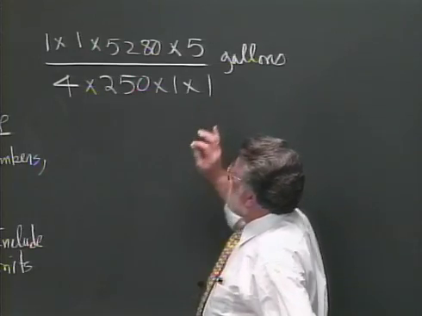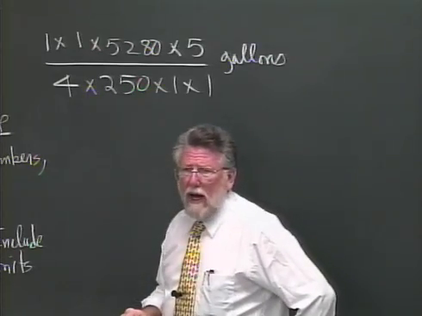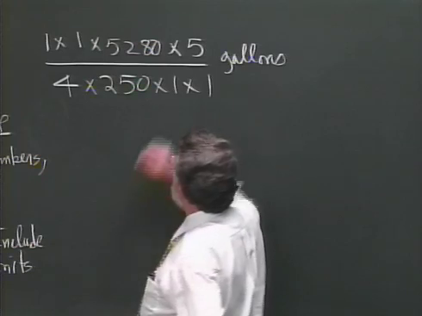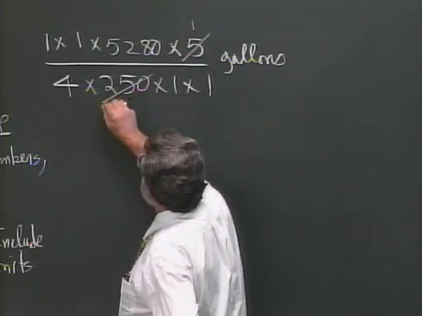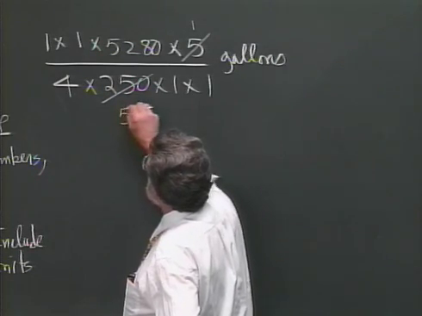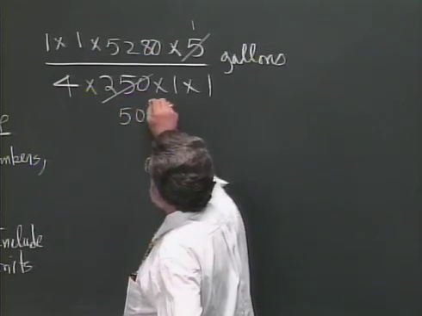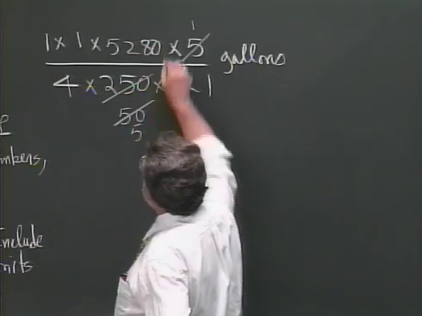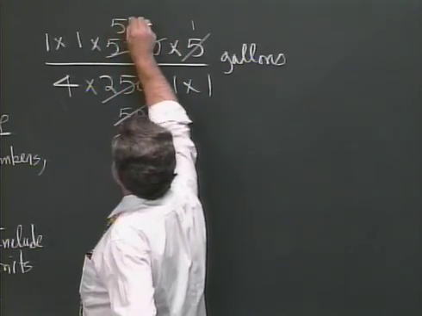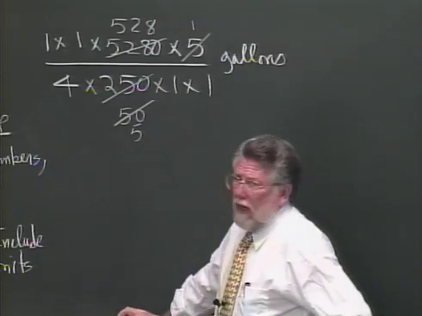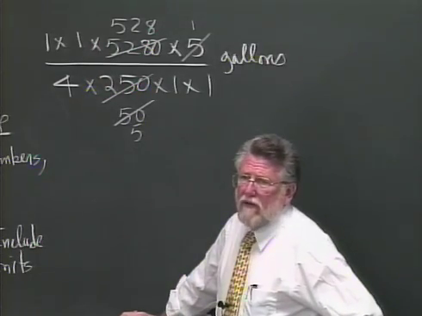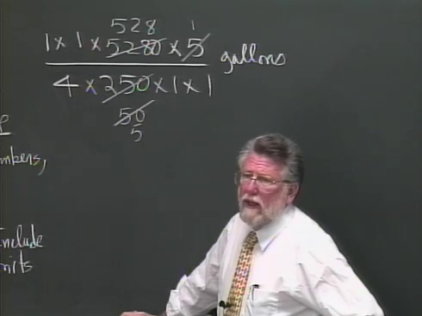Now, depending on how you do this, you do have the option, if you want, of doing things like this. 5 into here once, into here what? 50 times. 10 into here 5, and 10 into here 528. Now that helps a little bit, because I could divide 20 into 528 at this point.